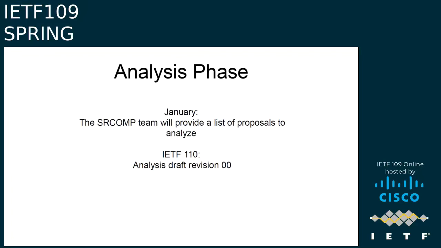We make those plans just to guide the design team to work efficiently, because we have to set some target. But all those drafts we submit to the working group are just individual drafts.